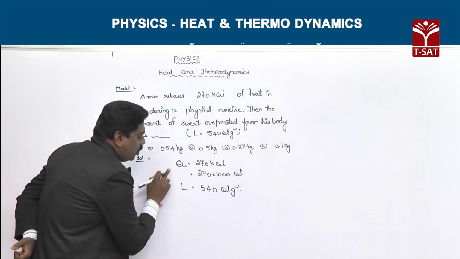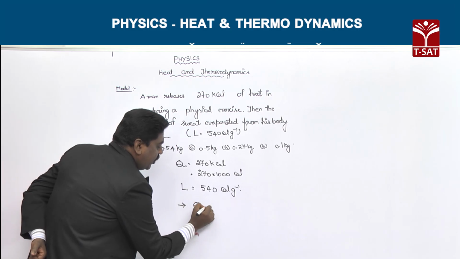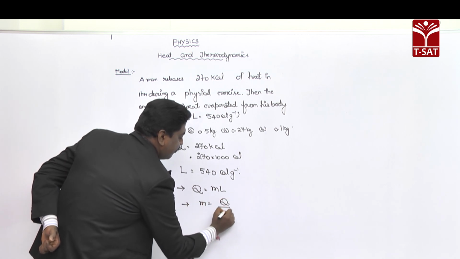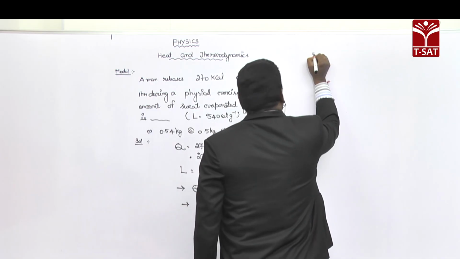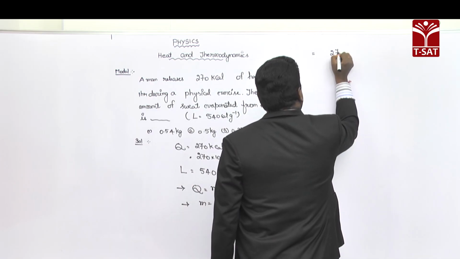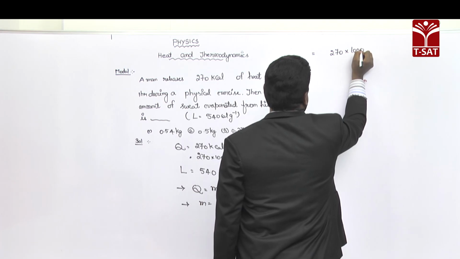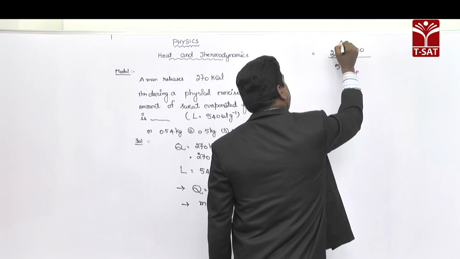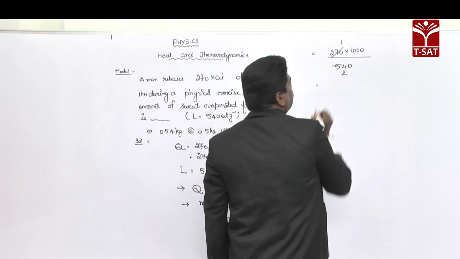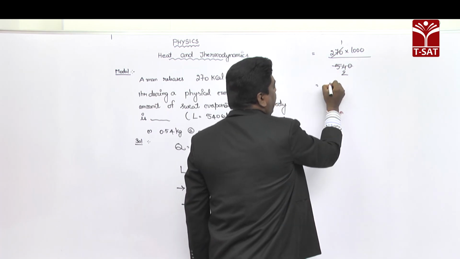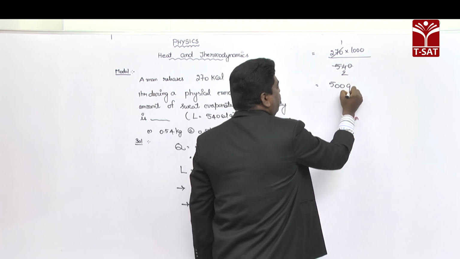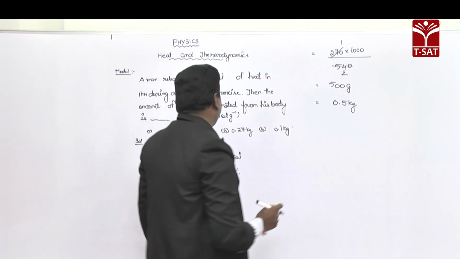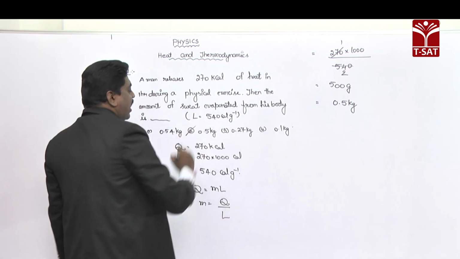The relation between Q and L is given as Q is equals to mL, where m is given as Q by L. Substituting the value of Q, we get 270 into 1000 divided by the latent heat, given as 540 here. So 27 ones and 27 twos, we are having 1000 by 2, and 1000 by 2 can be given as 500 grams, and 500 grams is nothing but 0.5 kg, and that 0.5 kg is in option number 2. Therefore, our answer is number 2.